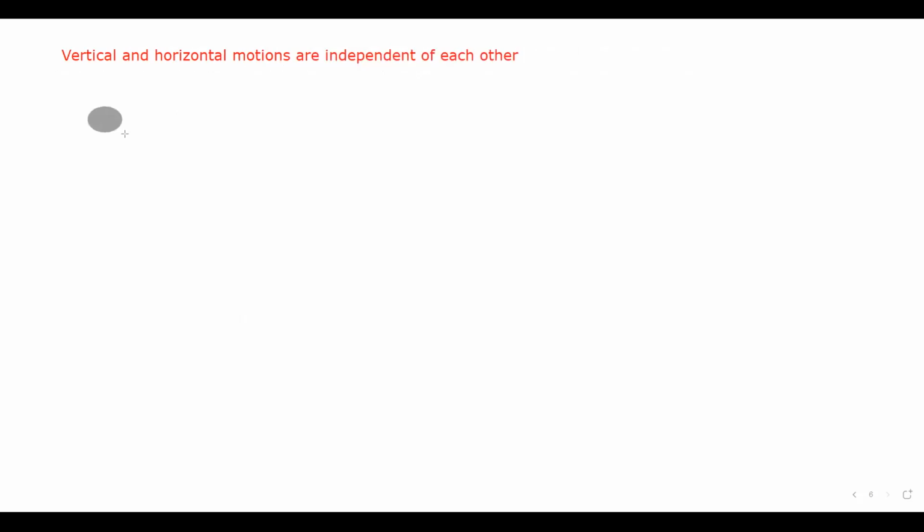If I drop an object from a certain height and I push another object from the same height, this object will fall vertically, and it will have acceleration due to gravity. But the second object will move horizontally and vertically as well. But after 1 second, the vertical displacement will be the same for both.